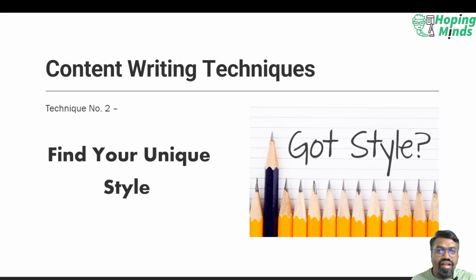When it comes to style, you can even think of something humorous, or, let's say, if you can add something sarcastic to your writing style, that becomes something unique, right? People would relate to that particular style. So you have to find your unique style before writing a story, right?